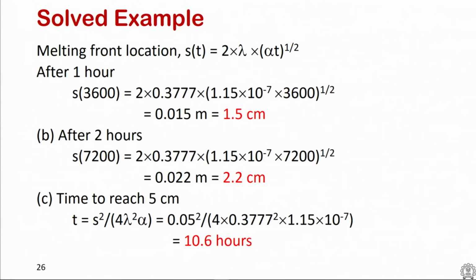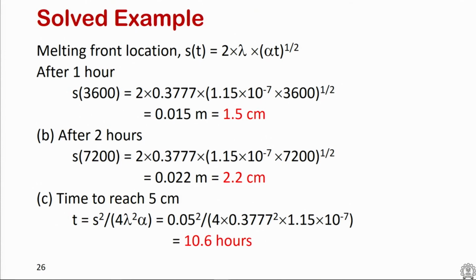In order to calculate the time to reach 5 centimeters, if I want to see how much thermal energy or how much time is needed to melt 5 centimeters of a slab, then t is given by using the same melting front location equation.